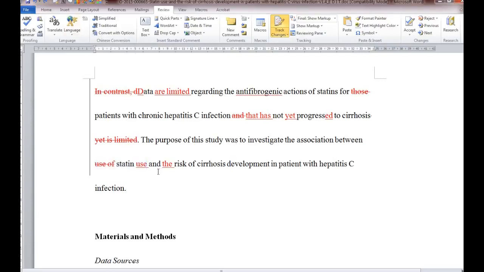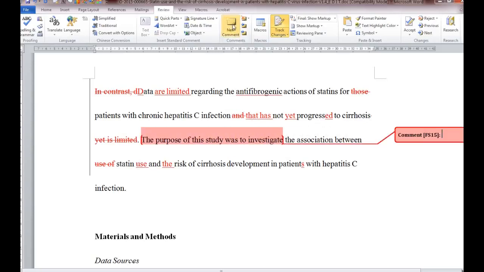Between statin use and risk. Risk is another term that can be used both countably and non-countably, but I think that's clearer here. Using the definite article isn't necessarily indicating that it's countable, but we've got risk of cirrhosis. We're indicating a specific risk, and this reflects native usage even at the formal level. Okay, so we have association between statin use and the risk of cirrhosis.